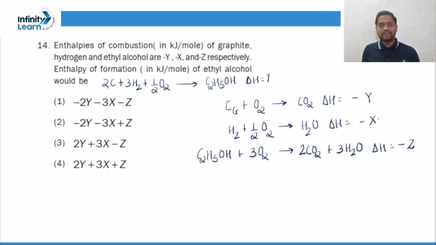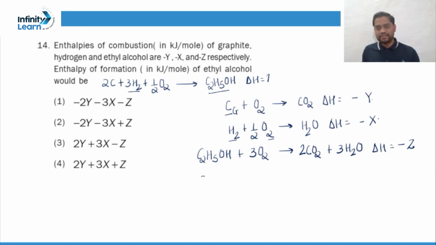First thing that we require is carbon on the reactant side, hydrogen on the reactant side, and oxygen on the left hand side. What we require is C2H5OH on the right hand side, so we need to reverse this equation.